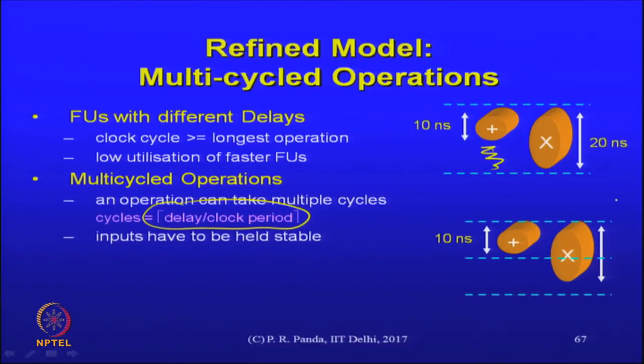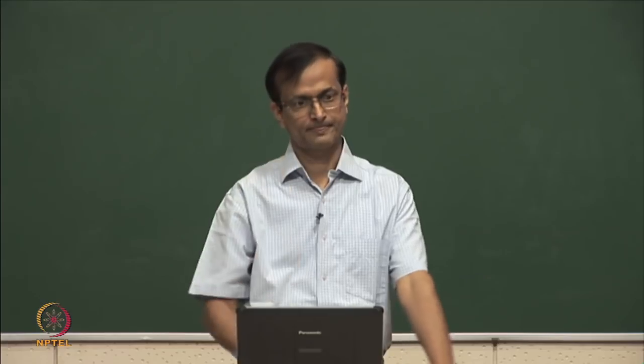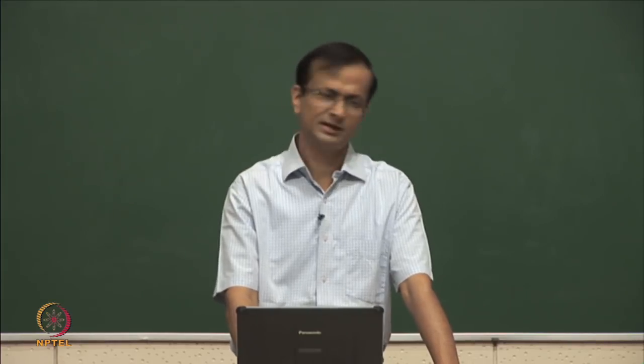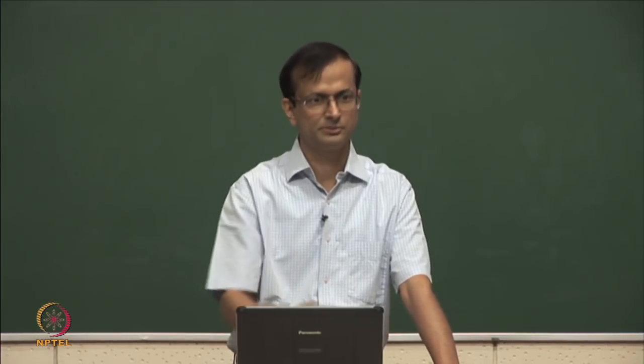The scheduler does need to be aware of it, but more important, later on these decisions have to be communicated somehow when register allocation is being done, so that you do not rewrite the register at the wrong time. So, some information has to be handed over from one stage of the synthesis to the other. The input representation does not change, it is still the same. Basically, if I understand correctly, this information is annotated in the system somewhere, in some data structure that we are not talking about yet.